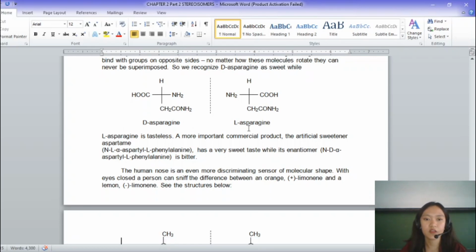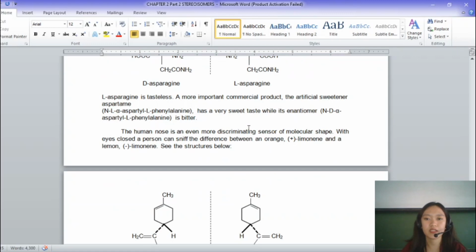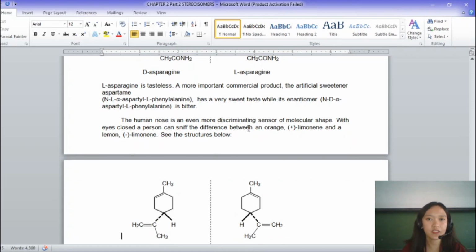Okay? The human nose is an even more discriminating sensor. Compared to taste, with eyes closed, a person can sniff the difference between an orange, positive limonene, and a lemon, negative limonene. So, you see, these are biological processes, and they are very specific, like in our nose. Your nose can identify the smell of an orange from a lemon.